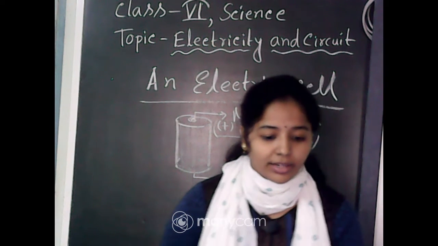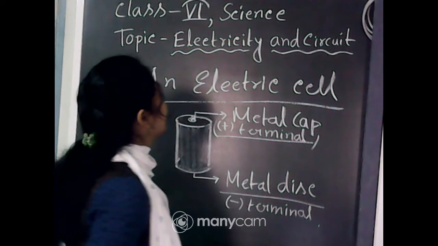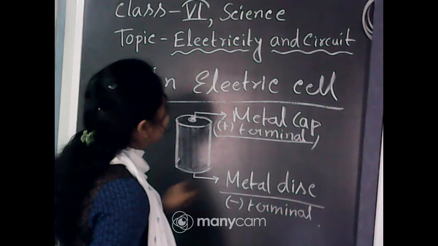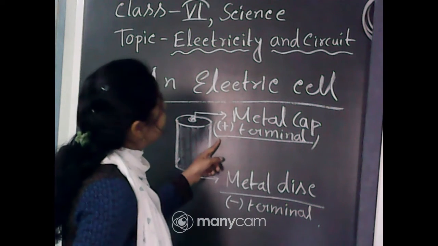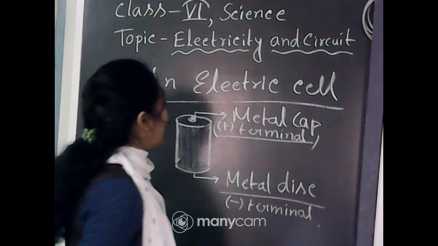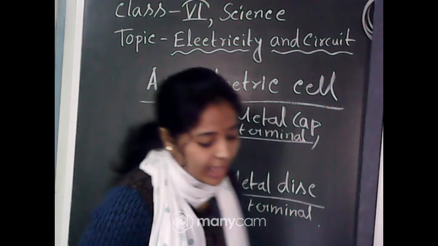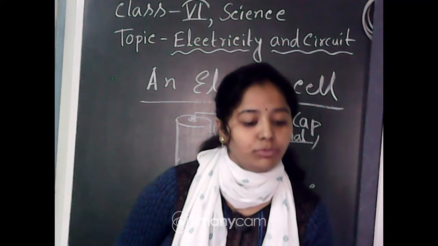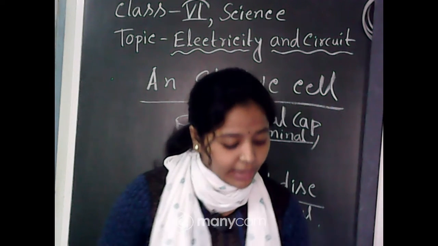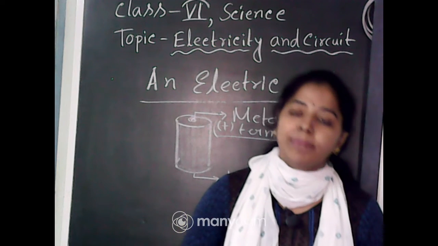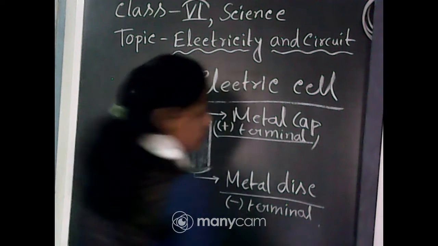Okay, understood this portion? I have told you that in an electric cell there are two terminals, one is the positive terminal and another is the negative terminal. The positive terminal is placed in the metal cap and the negative terminal is in the metal disc. You have to remember this, positive and negative, and in order for current to flow, the positive terminal must be connected with the negative terminal of another electric cell.